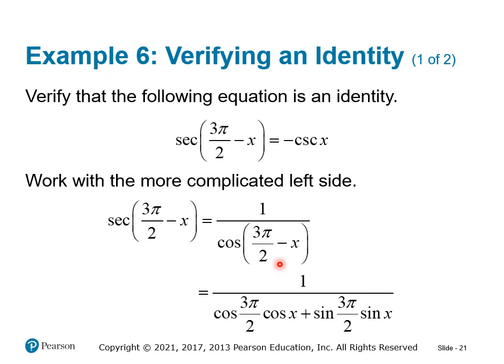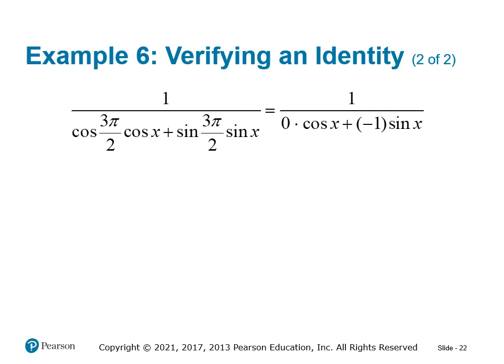Notice that 3 pi over 2, which is also the same as 270 degrees, which is the negative y-axis, is a quadrantal. So the cosine of 3 pi over 2 and the sine of 3 pi over 2 have known values. The cosine of 3 pi over 2 on the y-axis is actually 0, and the sine of 3 pi over 2 is going to be negative 1.